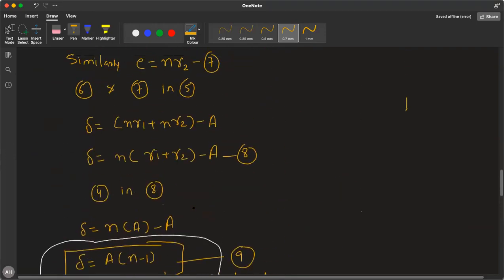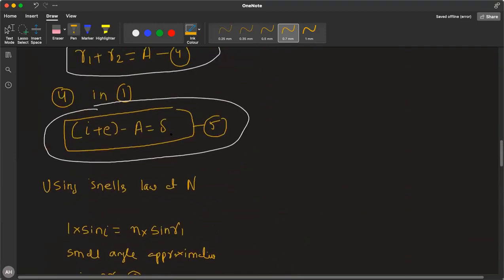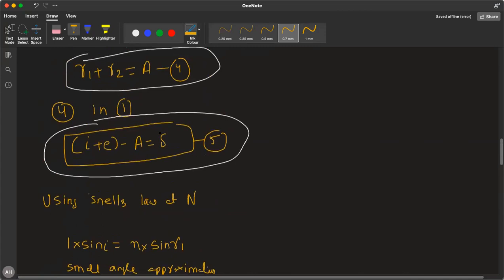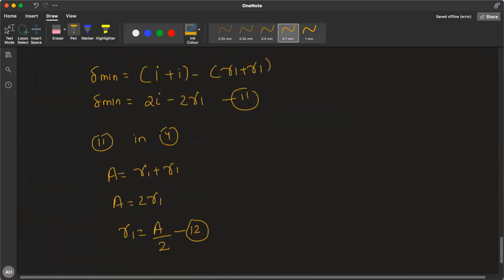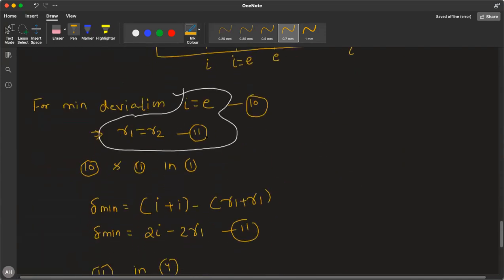Next was this equation. Delta is I plus E minus A, equation 5. Now what we can do is we can substitute this 10 in 5.